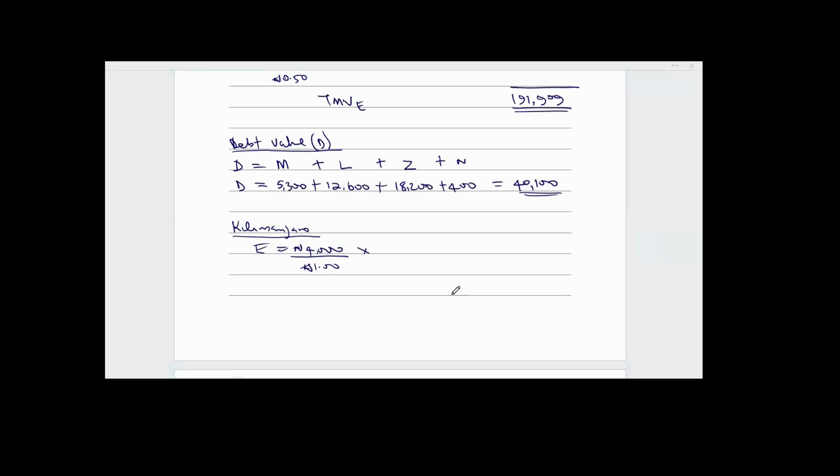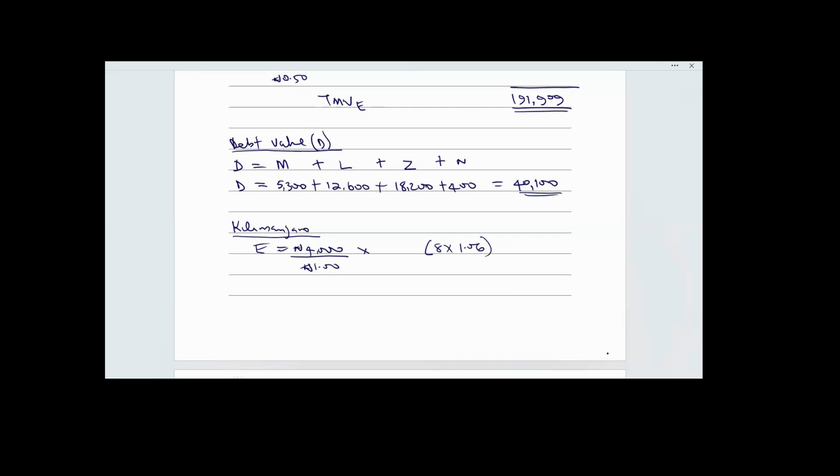The price earning ratio of Kilimanjaro is 8. Earning per share is 106, which is 1.06, because 106 divided by 100 gives 1 naira 6 kobo.